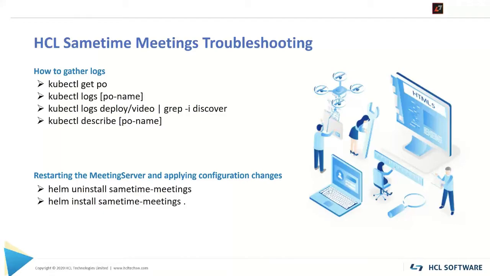kubectl is the way I say it, but kubectl is simply Kubernetes control. It's analogous to Docker compose, which is how I ask the container for information about the images it's running. kubectl get po shows me all of the pod names, all of the pieces that are running in that environment.